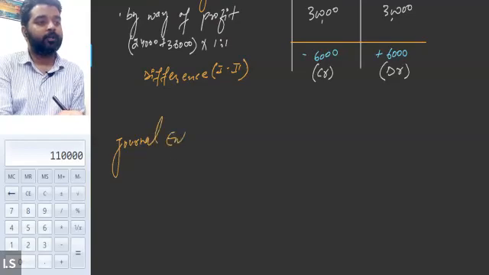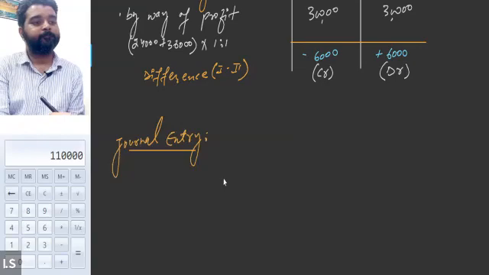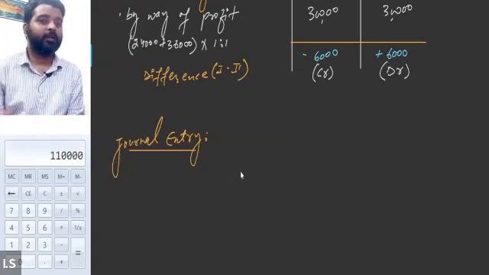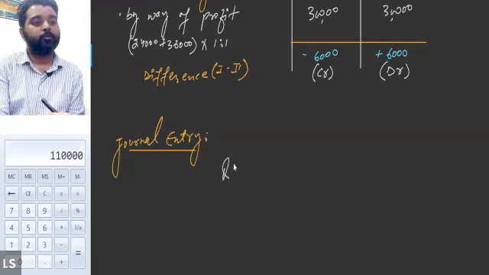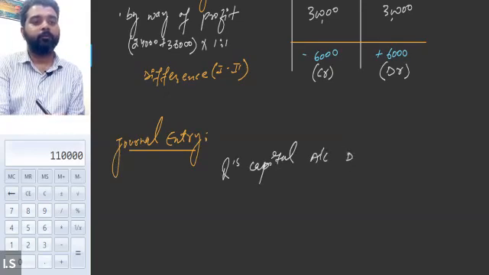Halima, could you tell me the journal entry that we need to pass? What will be the journal entry? Q's capital account will be debited. Q's capital account debit 6,000 to P's capital account 6,000.